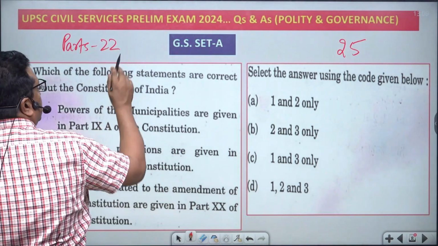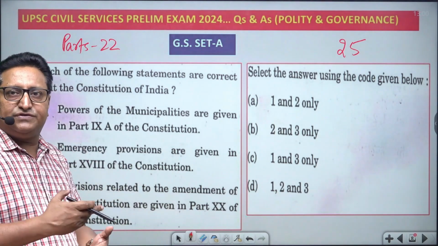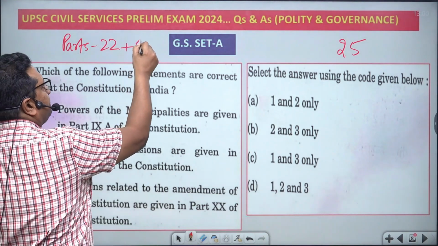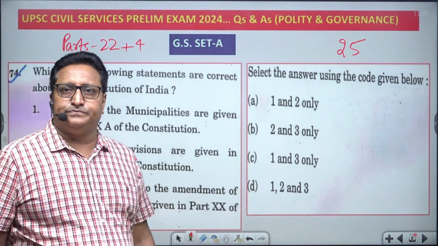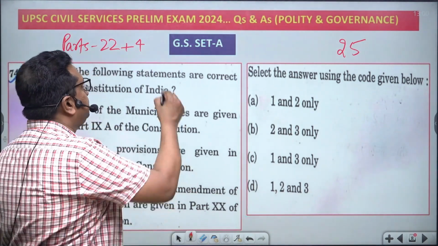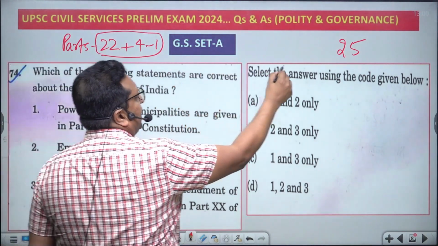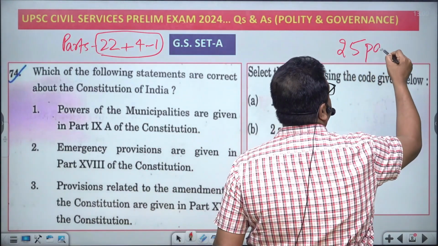In course of time, since 1950 till date, 4 new parts have been added. But one part was also repealed. So altogether, today we have 25 parts.